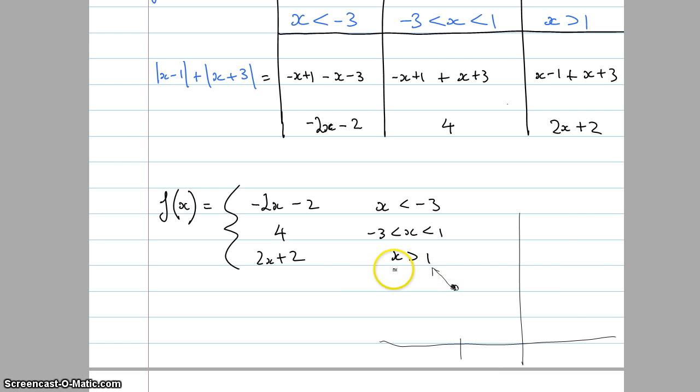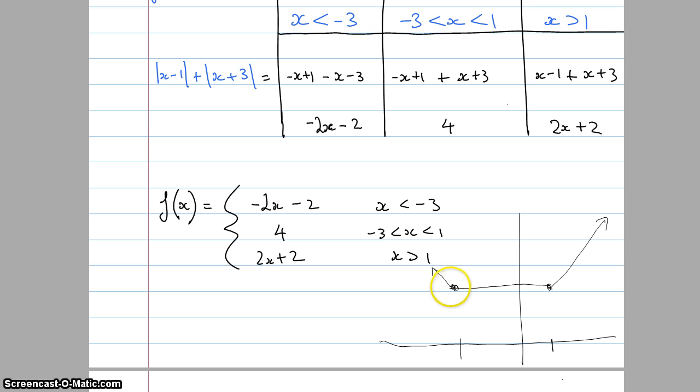Then when x is greater than 1, which is over here, it's going to have the same kind of shape, 2x plus 2. That's where 2 would be, and that's going to go up like that forever. Finally, in between negative 3 and 1, it's equal to 4, so that line there is equal to 4.